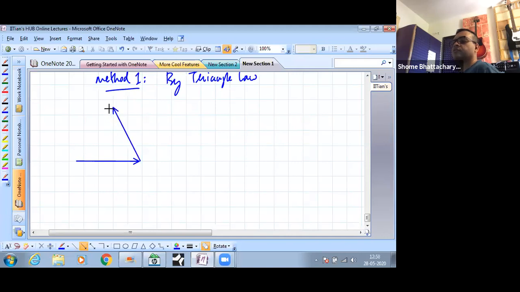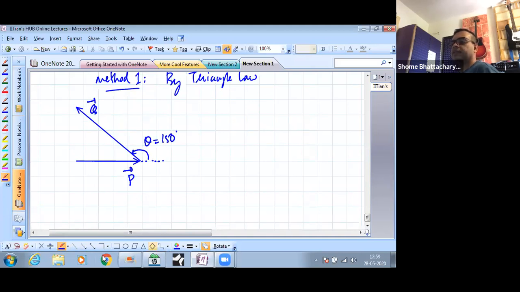So in this case, theta is 150 degrees between them. So it's something like this. If this is the vector P, this must be the vector Q. And this angle between them is 150 degrees.